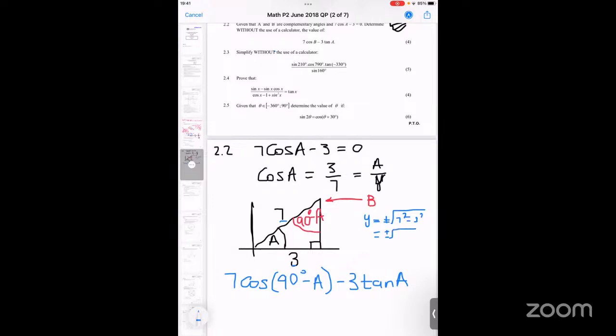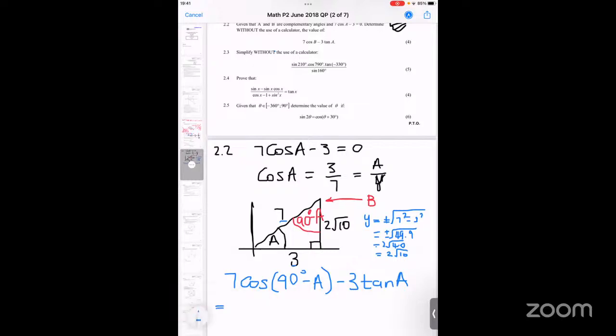Plus or minus the square root of 49 minus 9, which is plus or minus the square root of 40. And the square root of 40 is the same as the square root of 4 times 10, which is 2 square root of 10. I'm just taking a shortcut there, assuming that you guys are in grade 12. You should know how to easily work it out without me having to explain step by step.